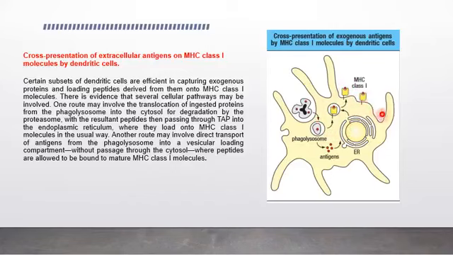Basically, the MHC class 1 is expressed in all nucleated cells. It's not like the MHC class 2, which is just on the professional antigen presenting cells. But there is a special process. How can the microorganisms get into the cells and then be expressed on the MHC class 1?